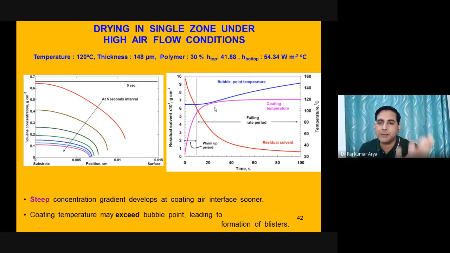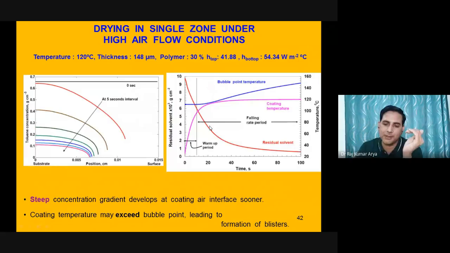I can minimize the drying time, but my product is highly susceptible to failure only because of the boiling of the solvent. So I have to give the temperature or heat transfer in a range. My coating should not boil, and at the same time it should take less time for drying. So that needs optimization of your temperature, your airflow rate, drying time, and zone temperature.